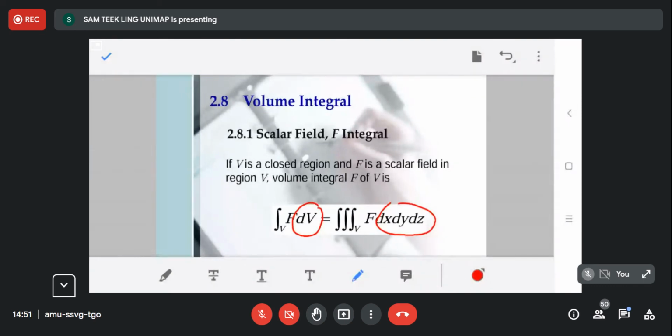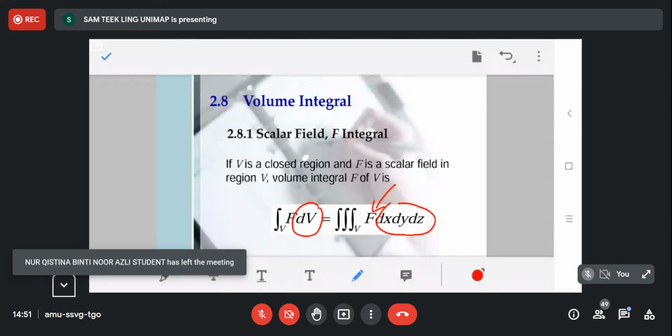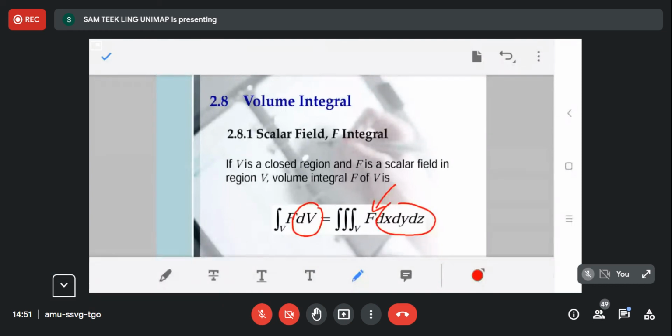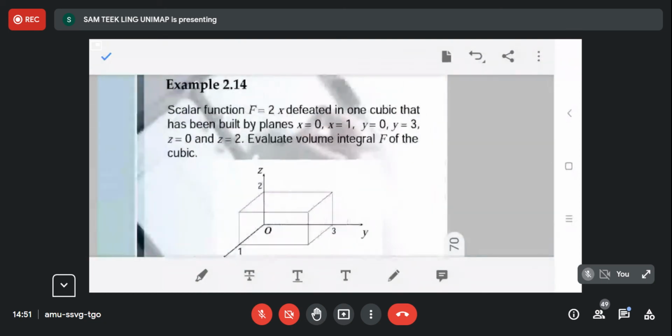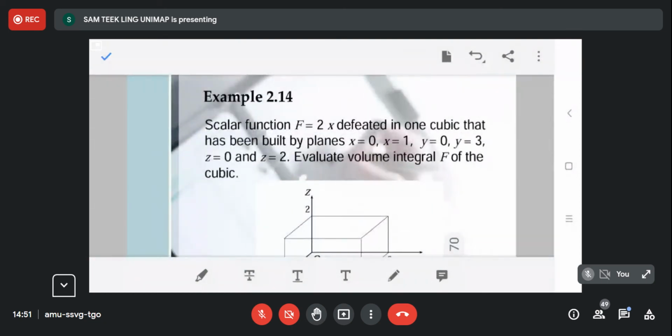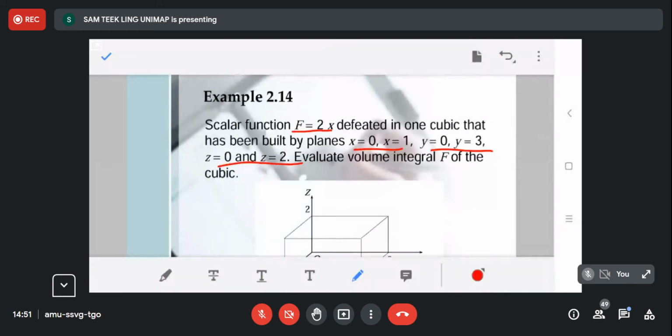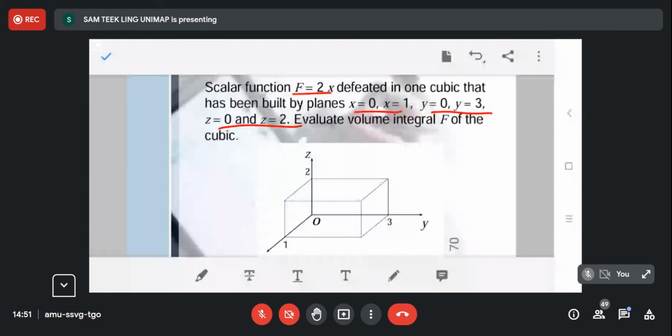You can see in front there is only f. F is a scalar function, so we do not need to do anything with direction. So only for volume, you can see this question. It gives you the f, then you know this one is a cubic. Your limit for x is 0 to 1, y 0 to 3, z 0 to 2. If you sketch, you will get this.